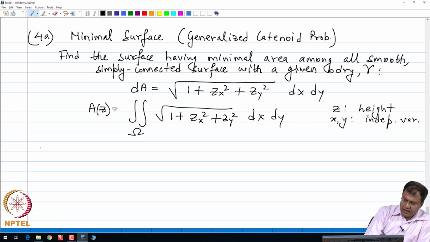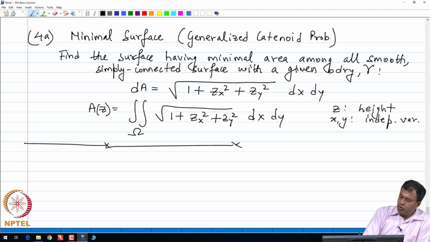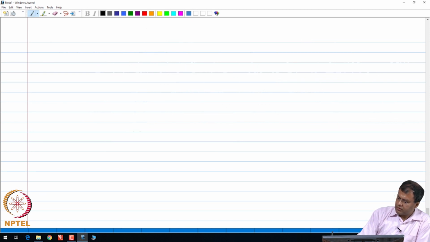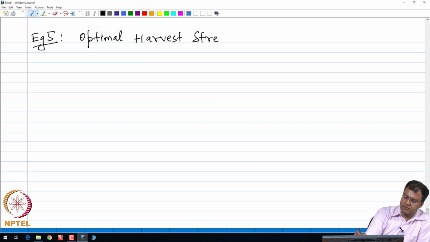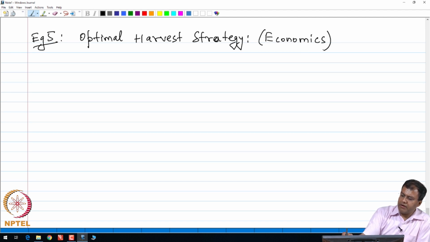Okay. So, then let us now move on to another problem in economics. Okay. So, this fifth one, or the last problem of this lecture series, is the problem of finding the optimal harvesting strategy. So, the problem is, well, this could be modified into a problem in several areas, but the classical problem arises in economics.